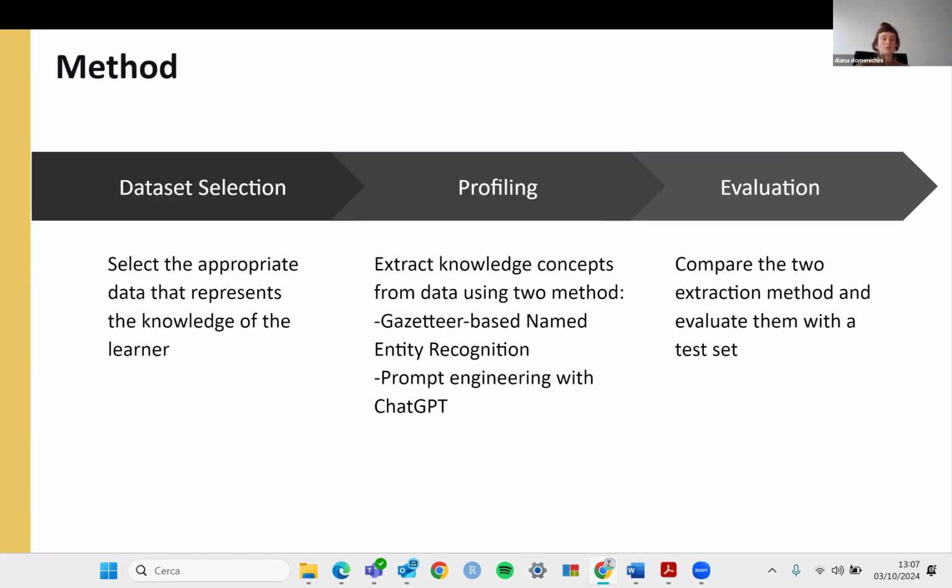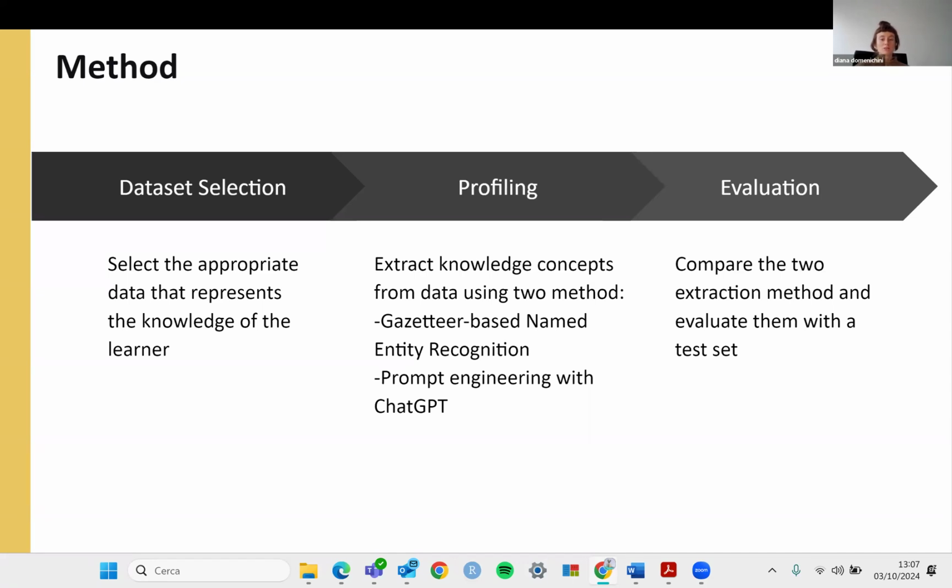The method is the following. We first have to select the data set that represents the knowledge of the learner. Then we will focus on the profiling part, where we will extract the educational concepts from the data set.